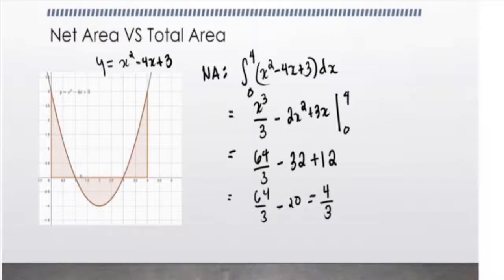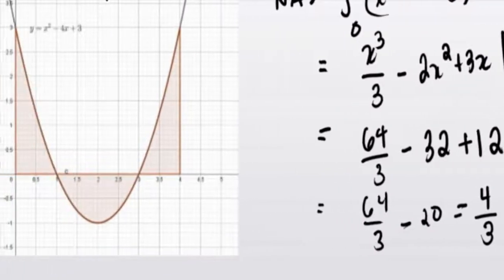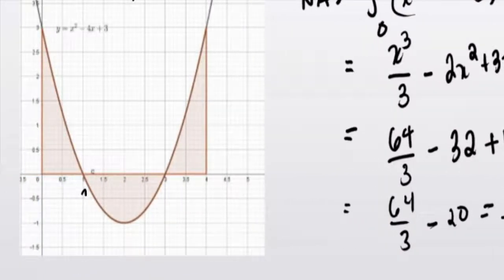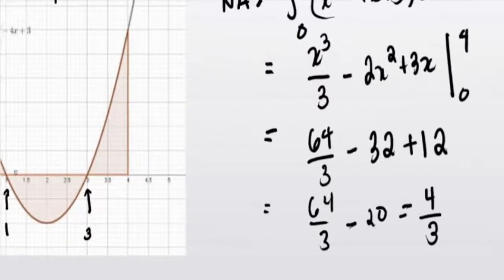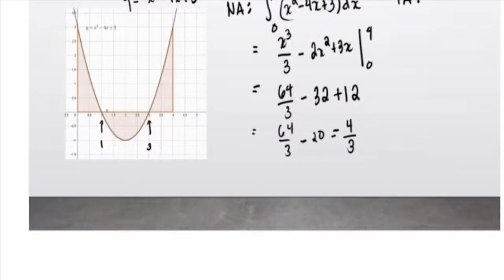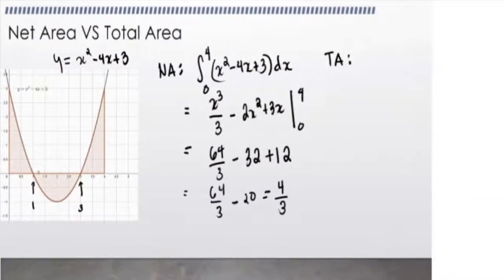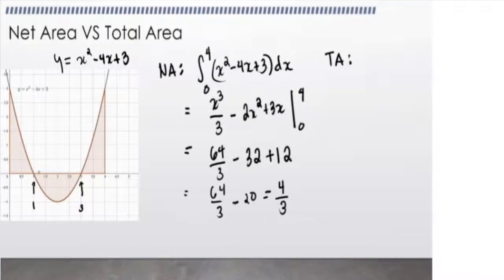Okay, for the total area, technically we have 3 parts to consider. Kung hindi pala clear sa graph, this one is 1, this one is 3.